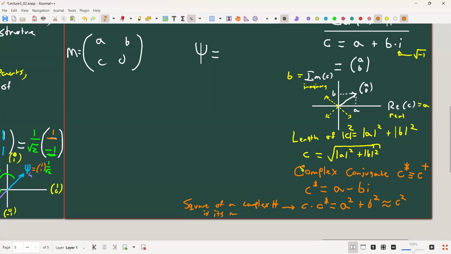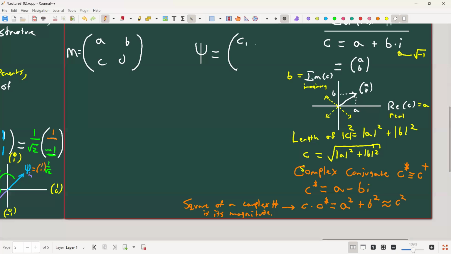Now, why is that relevant here? Why do I even bring that up? Well, it turns out that Angie's question is directly related to this concept. So let's imagine I have a two-dimensional vector or two-dimensional wave function, but remember that the components may be complex numbers.